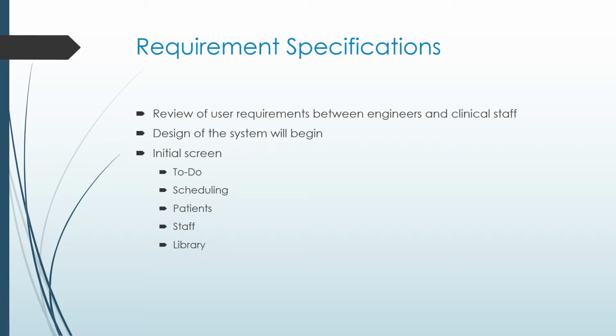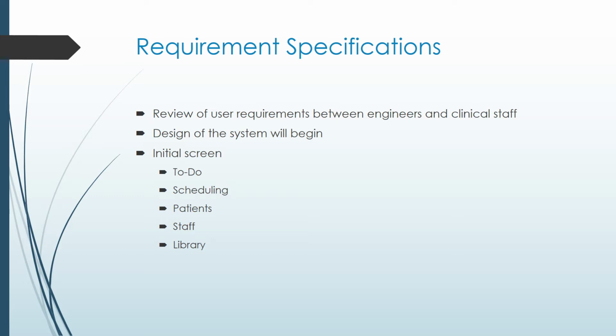Here's a basic initial screen, what it would look like when the web page loads up, or maybe it's not a web page but more of a desktop app that the clinical staff would use. The main screens on this page would be to-do, scheduling, patients, staff, and library.